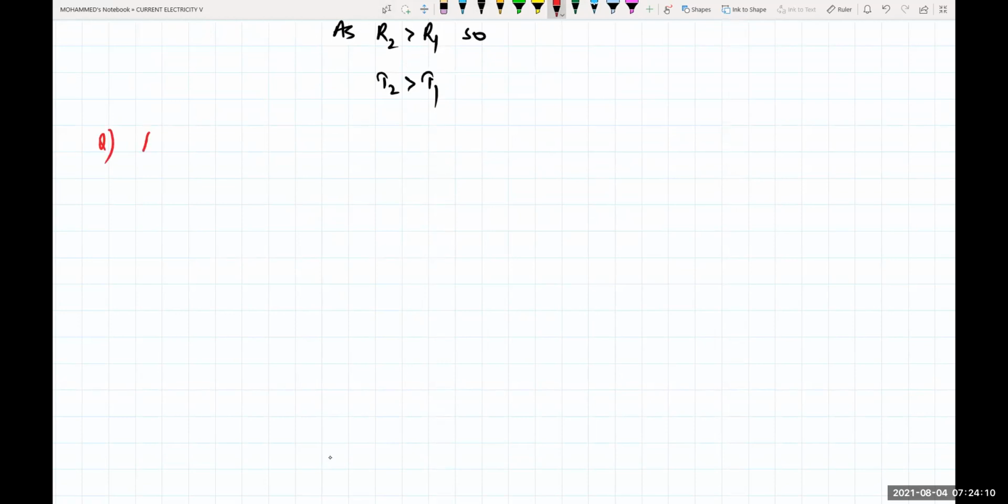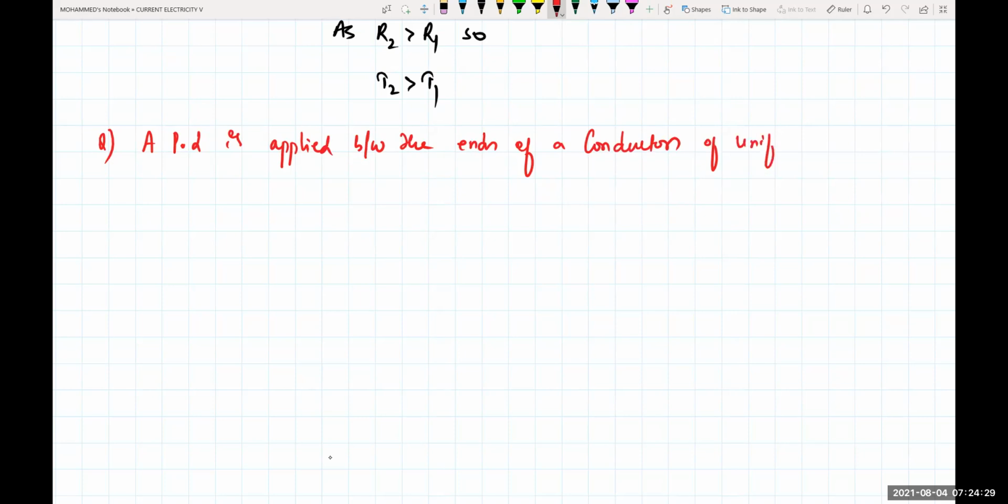See, one more question. A potential difference is applied between the ends of a conductor of uniform radius 2 mm.